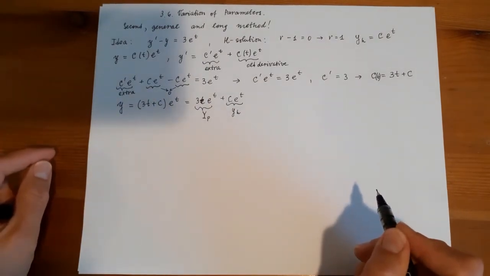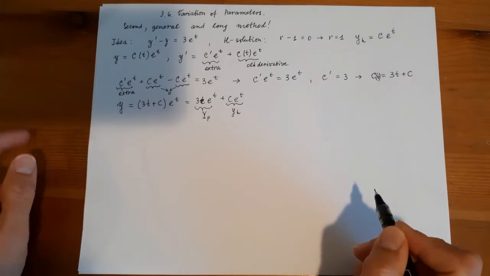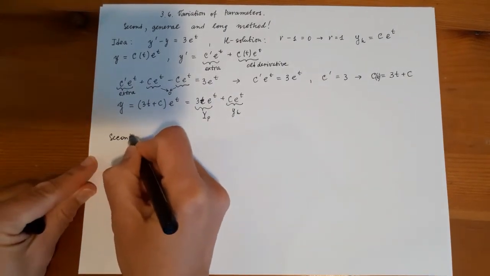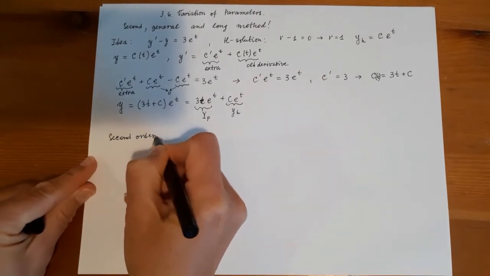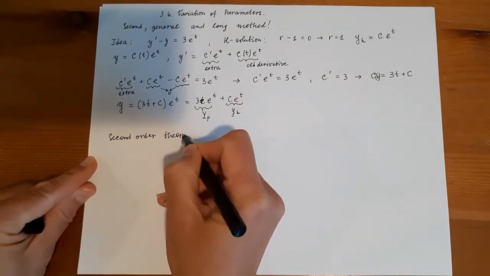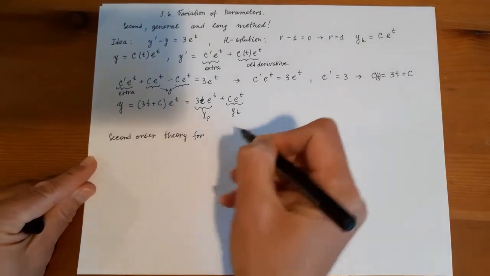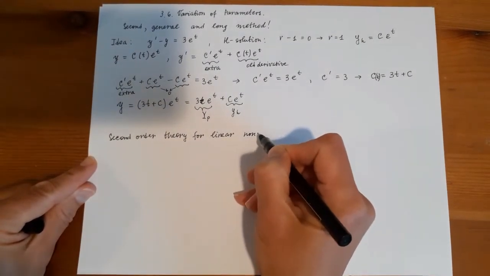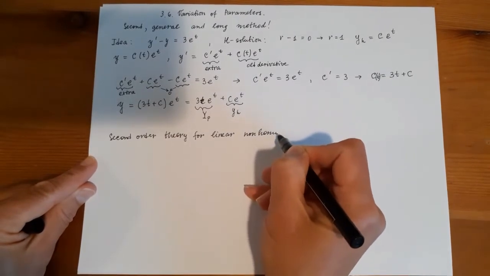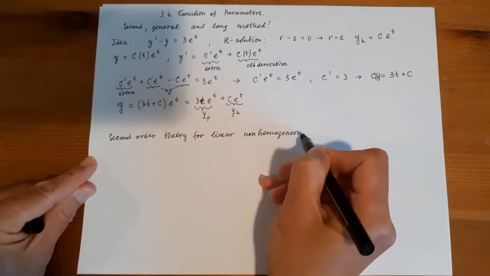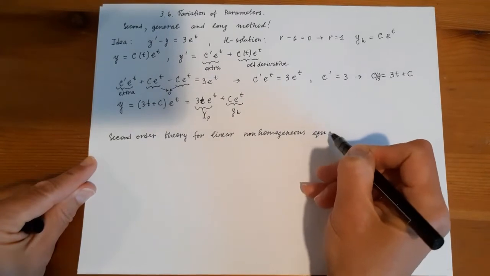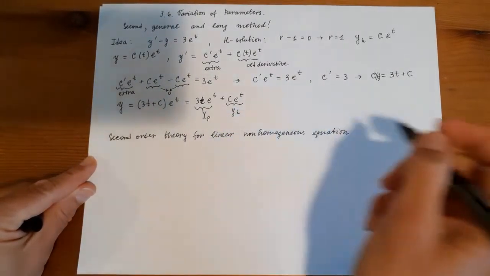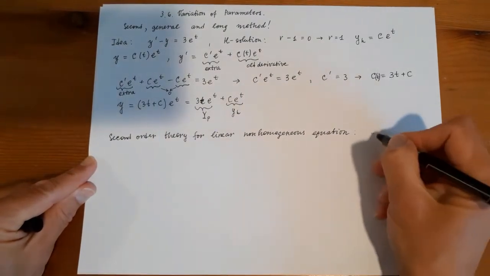I'm thinking to give you some theory, and for theory I want to use a general equation. So, second order theory for linear non-homogeneous equation. What is my linear non-homogeneous equation?